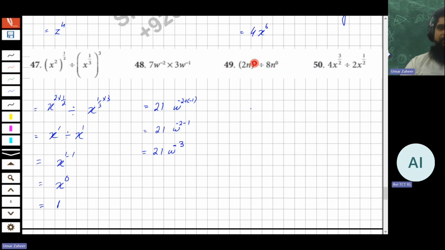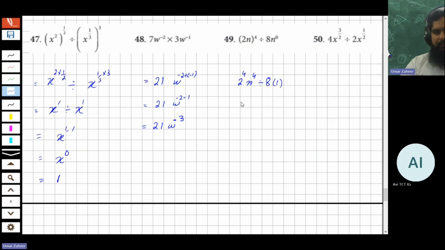Now (2n) raised to power 4. So just apply the powers. 2 raised to power 4 and n raised to power 4, divided by 8n raised to power 0. Any number having a power 0 will be 1. So 2 raised to power 4 will be equal to 2 2s are 4, 4 2s are 8, 8 2s are 16, divided by 8.